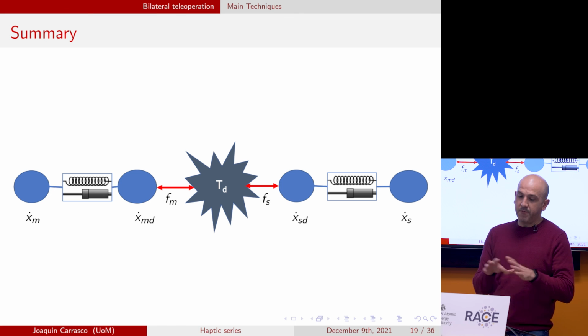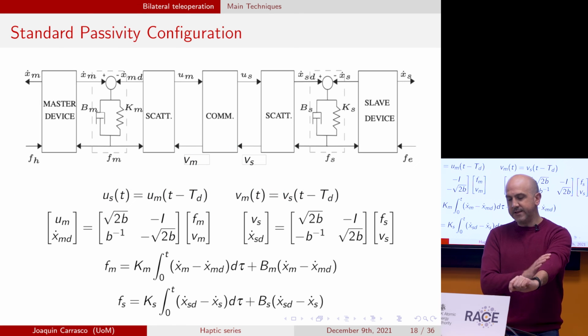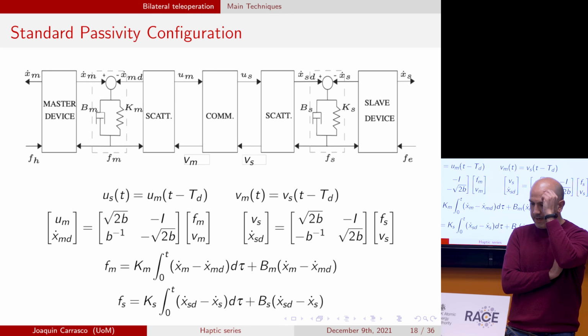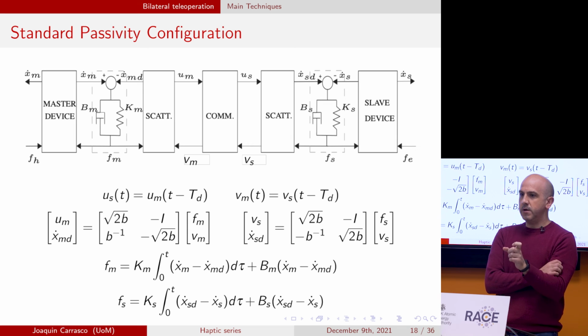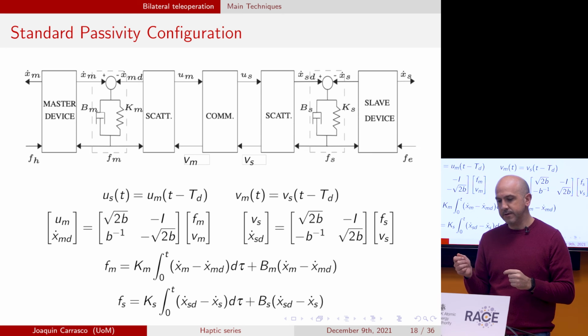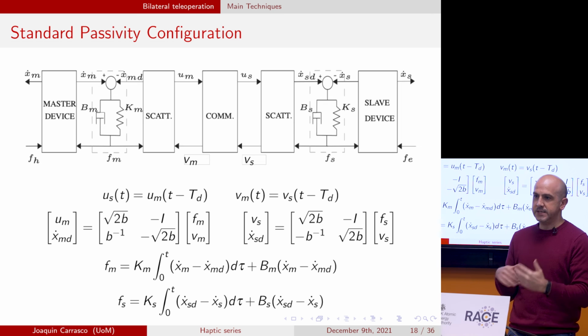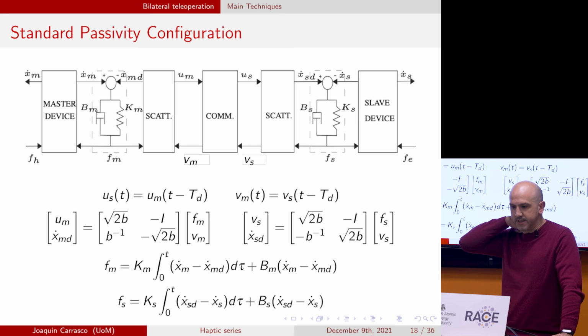In this configuration, if you just want to use this, you need to assume that the time delay is constant, because the gain of a delay is equal to 1 only if the time delay is constant. If the time delay is changing with time, then you need to use more sophisticated techniques.